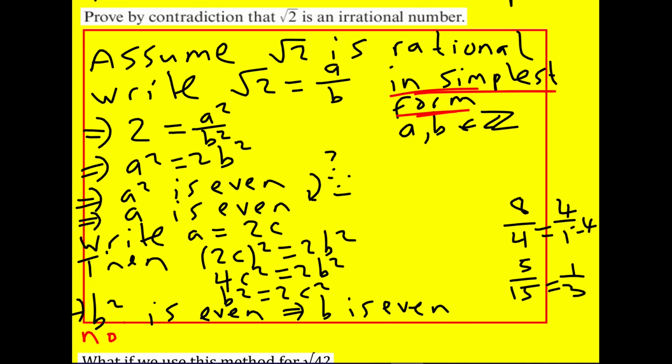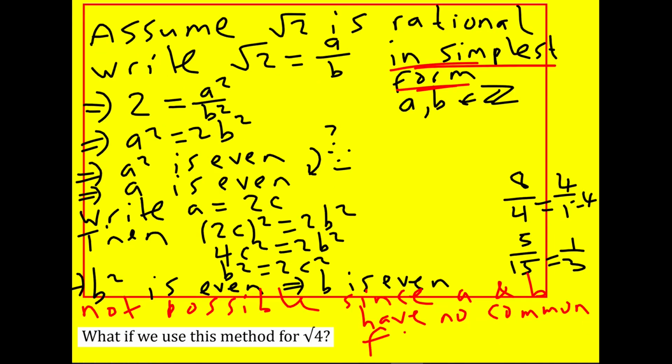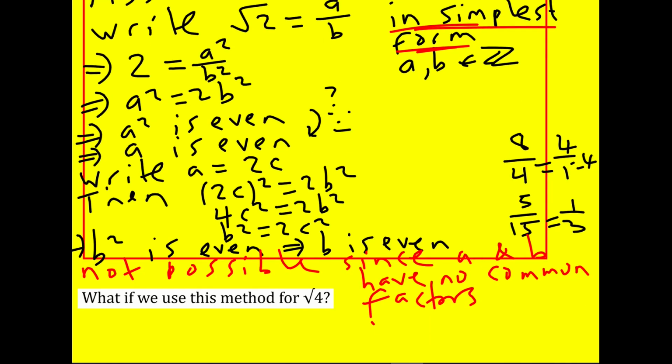Not possible, since a and b have no common factors. So we have a contradiction. Root 2 is irrational.